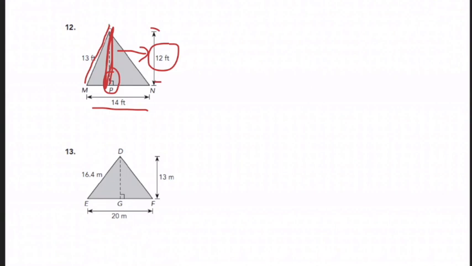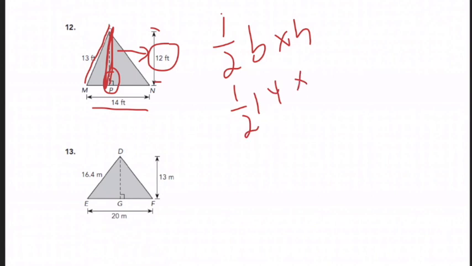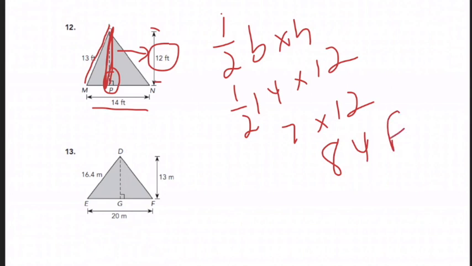So that's how they sometimes draw the height off the side. So it's 1/2 base times height. Half of the base, so we have 14 times 12. You could do half of 14 or half of 12, since we all know our 12 times table. Let's do half of 14, so it'll be 7 times 12, which is 84 feet squared.